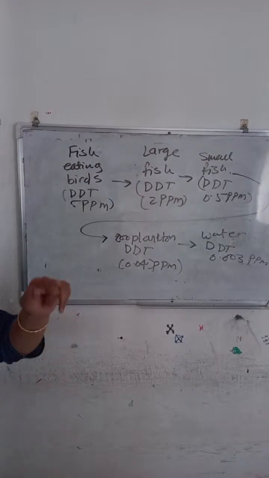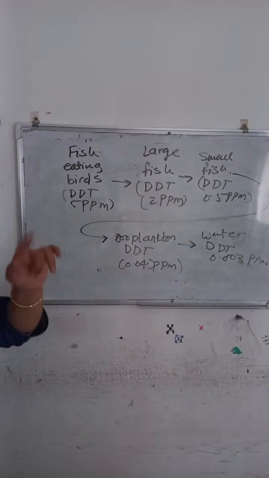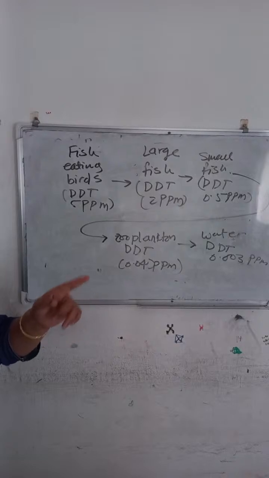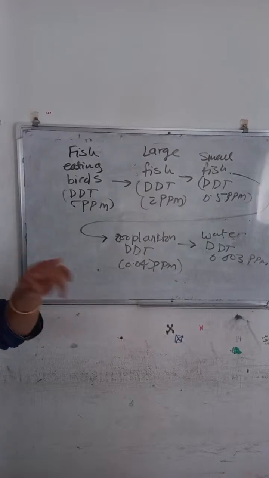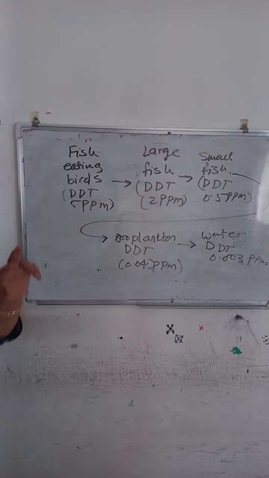Biomagnification means what? Accumulation of non-biodegradable substances is nothing but biomagnification. So they are asking where the accumulation of DDT is maximum.